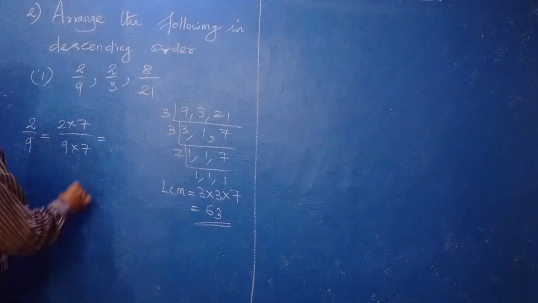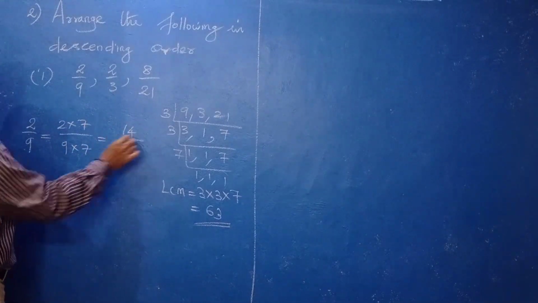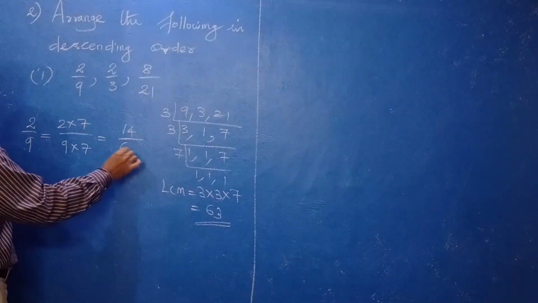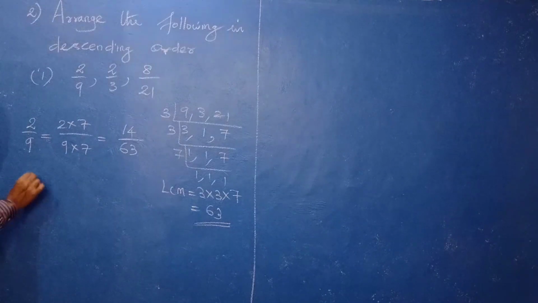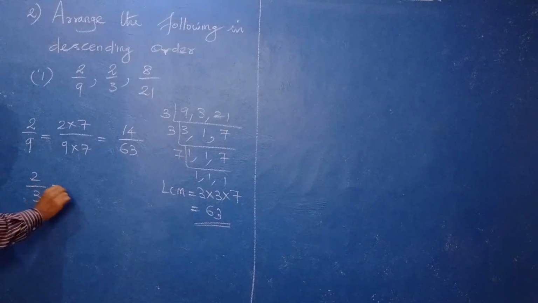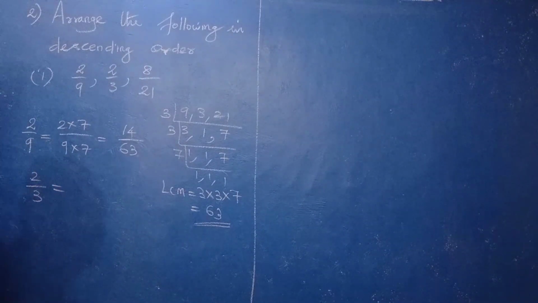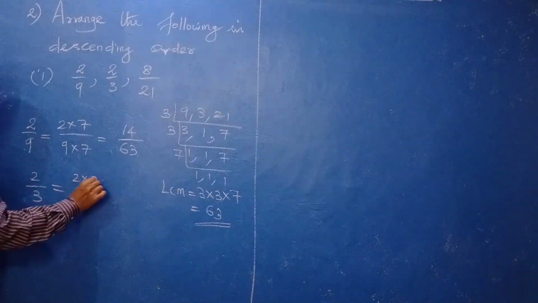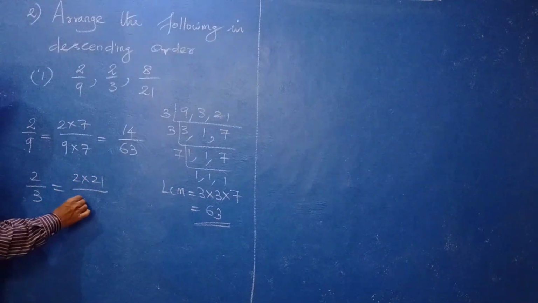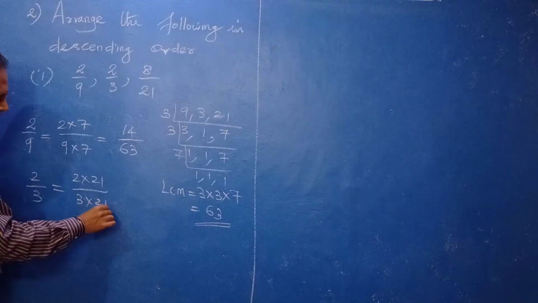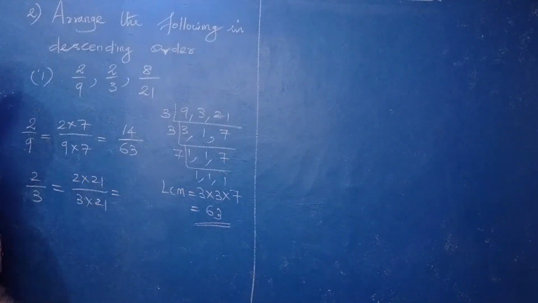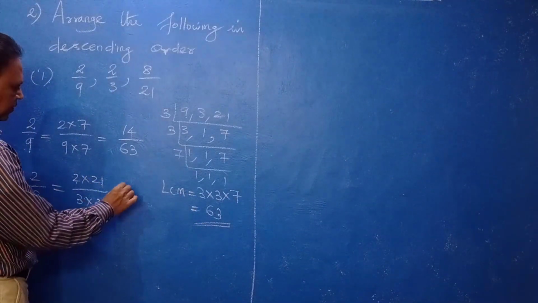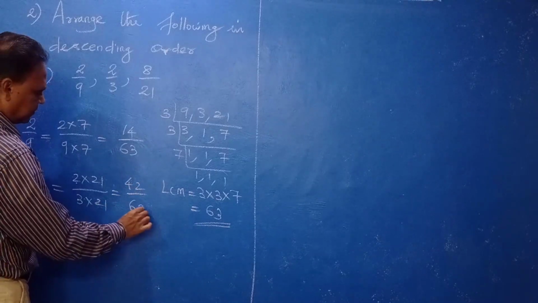So 14 by 63. Same way 2 by 3. To make 63, how much do you multiply? 21. So 42 by 63.